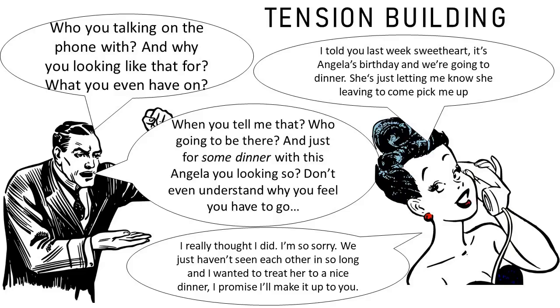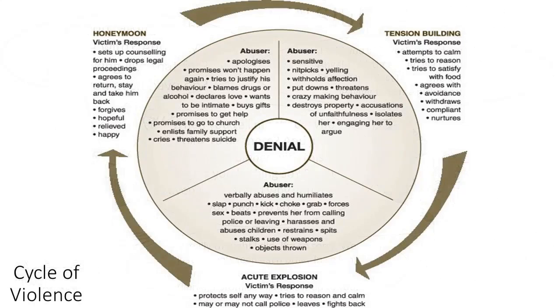In this stage, the victim's response is that they try to calm the abuser. They try to create a peaceful environment that minimizes the chances of the abuser exploding. Many times this includes nurturing the abuser or trying to satisfy the abuser.